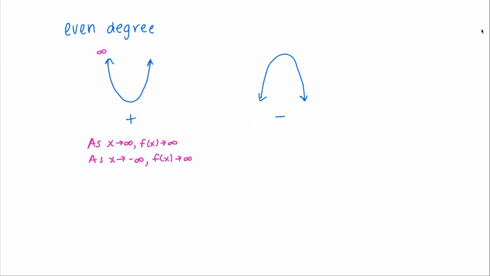Okay, let me make a better one. There we go. For our leading coefficient that's negative, we would say that as x approaches infinity, f of x, our function, is approaching negative infinity now, so it's pointing down. And as x approaches negative infinity, f of x approaches negative infinity.